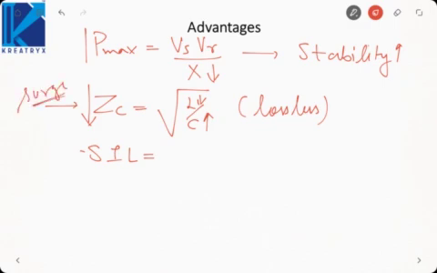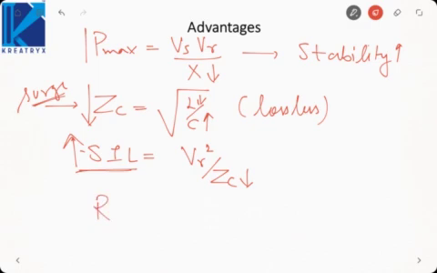So it is called as surge impedance loading, which is Vr square by Zc. As Zc reduces, SIL increases. Now SIL is basically defined as the ideal loading capability of the line. That means you must not put the load more than or less than SIL on the line. Ideally the load should be SIL. So if SIL increases, that means you can put more load on the transmission line, which is always desirable.